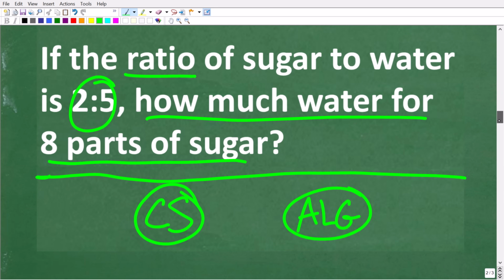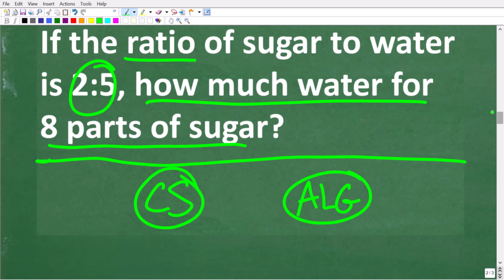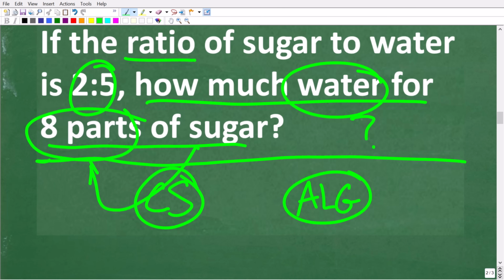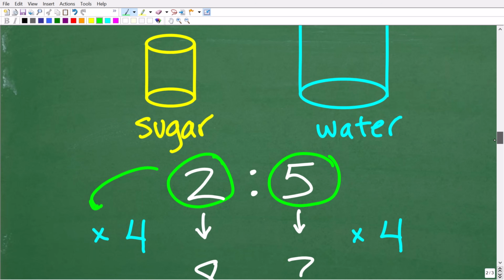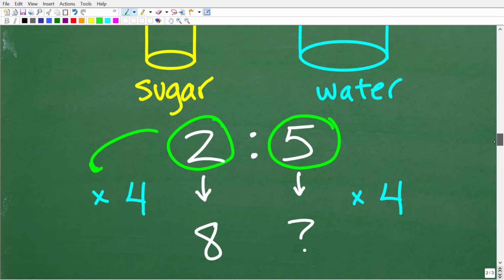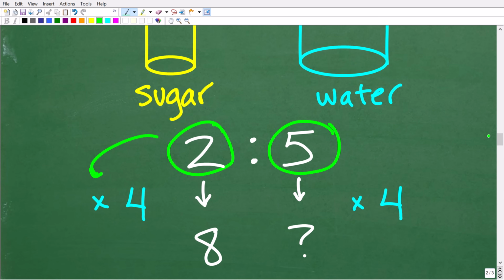So the ratio of sugar to water is 2 to 5. We don't know how much water, but we're looking for how much water we need when we increase our parts of sugar to 8. So when we have 8 parts of sugar, how much water do we need?